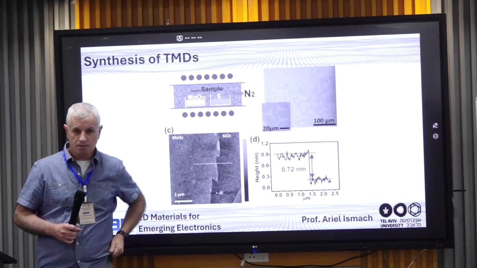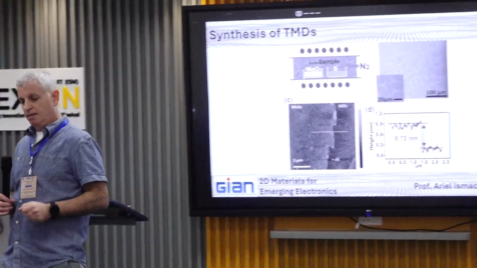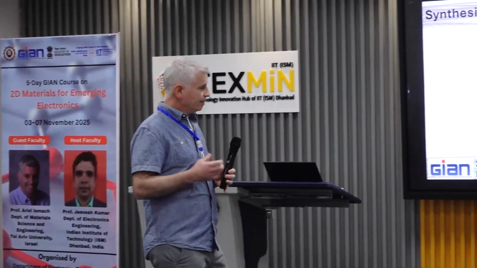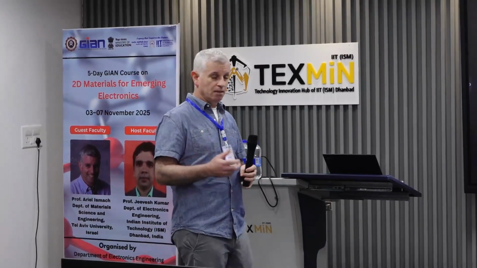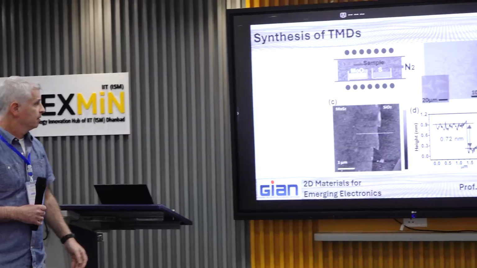This precursor, in contrast to what is needed in CVD, is non-volatile, has very low vapor pressure. So that means that you need to heat it up to at least, I don't know, 600 or 650 degrees in order to get significant evaporation and sublimation for it to react and grow the layer.